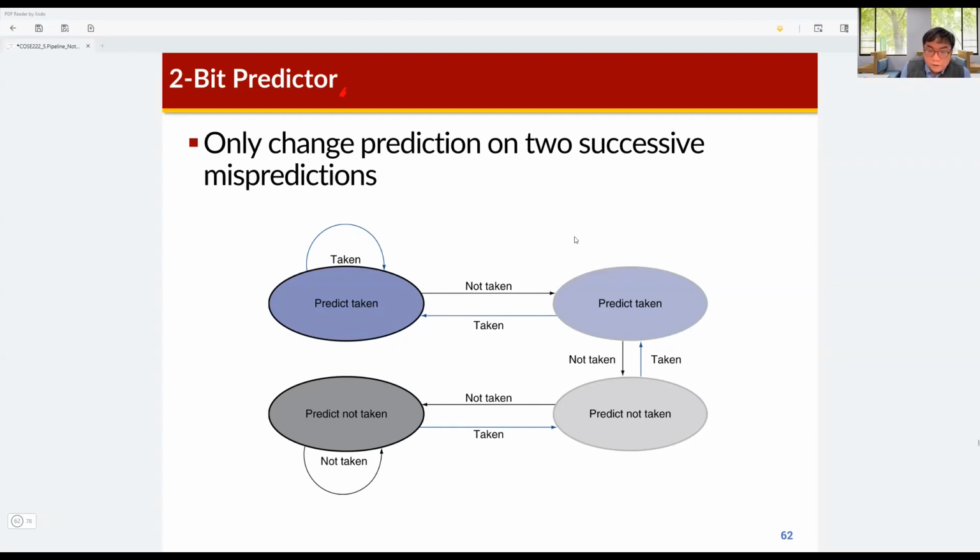So this is the state diagram. This is taken, and this is NT. These are the states 1 1, 1 0, 0 1 and 0 0.